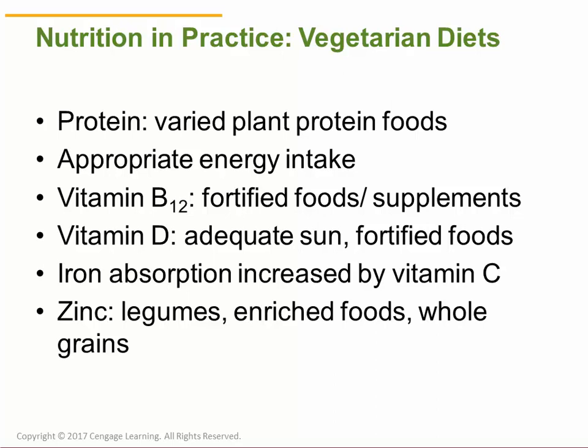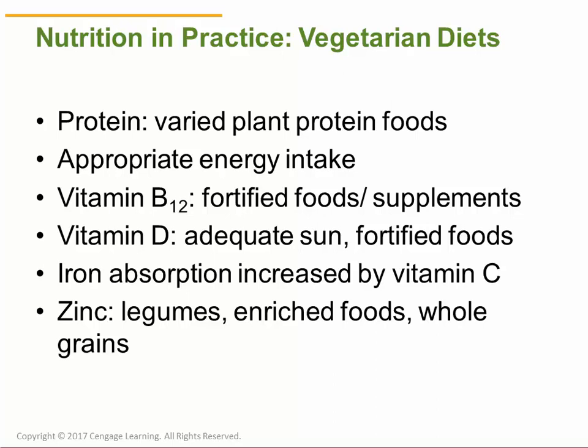Then you can have a partial vegetarian, who sometimes includes some of these other things. It excludes and restricts certain meats, but they might include poultry, and your milk and your eggs as well, but they eliminate your red meat. So those are the terms that I want you to know about vegetarians.